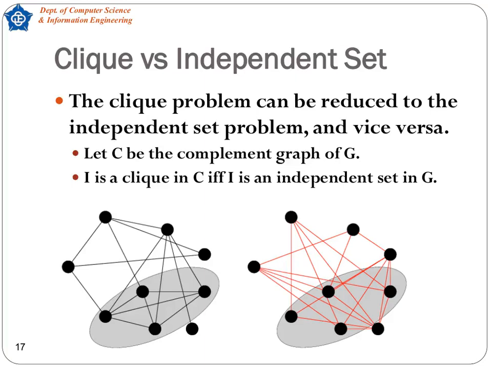On the right, we've drawn the complement graph C. Every non-edge in G becomes an edge in C. Those very same shaded vertices now have every possible connection between them, turning them into a clique in C. In other words, any independent set in G becomes a clique in its complement, and vice versa. Any clique in the complement maps back to an independent set in the original. Because of this simple transformation, any algorithmic result or hardness for one problem carries straight over to the other.